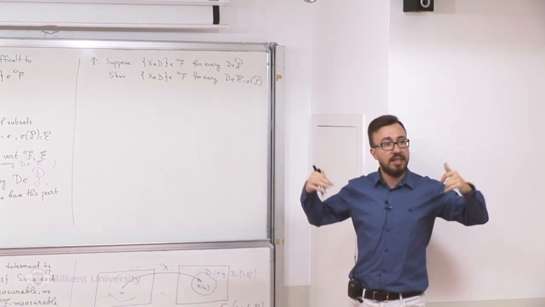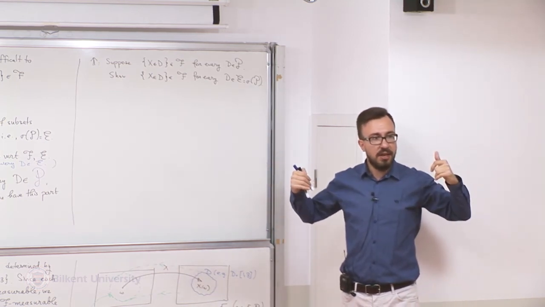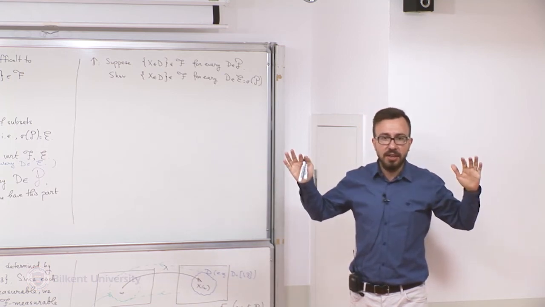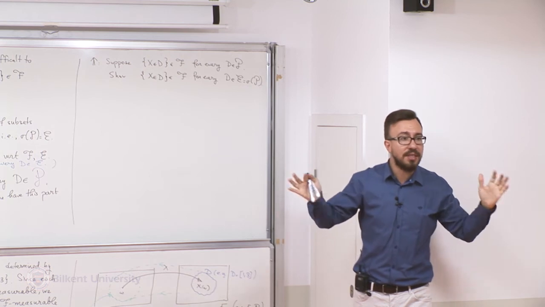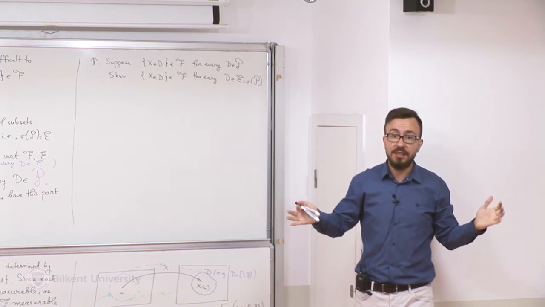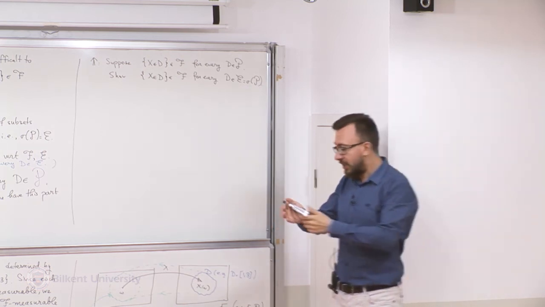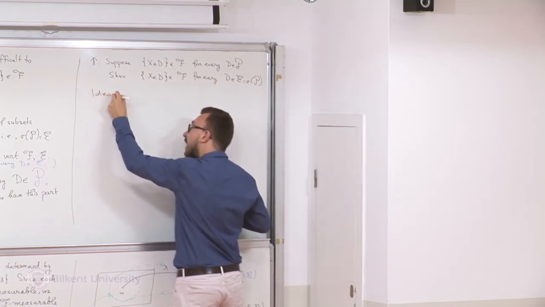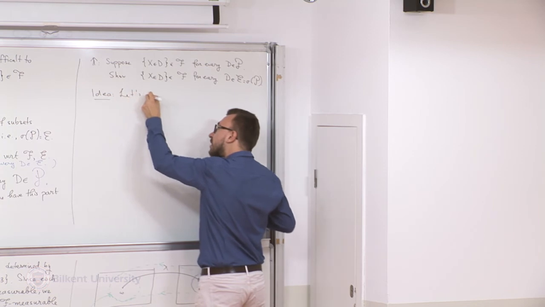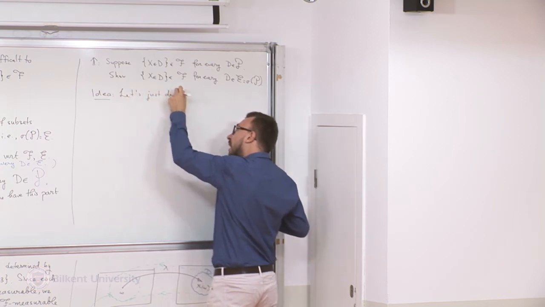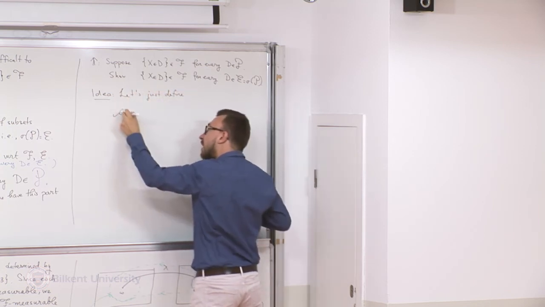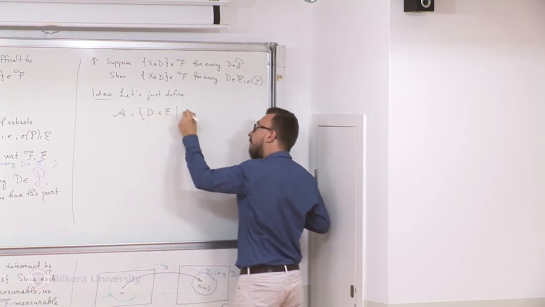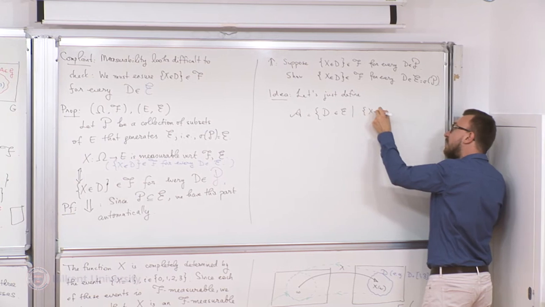You want to extend this property. So without thinking anything, just look at the collection of all sets that satisfy this property, right? Let's just define a collection like that. So the idea is this. Let's just define script A to be the set of all D for which this is true.